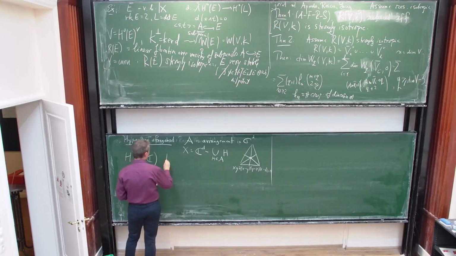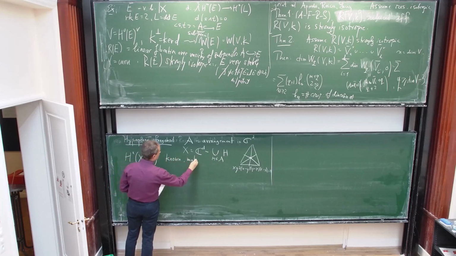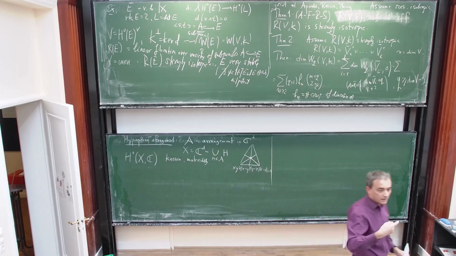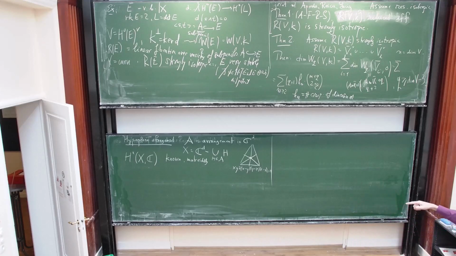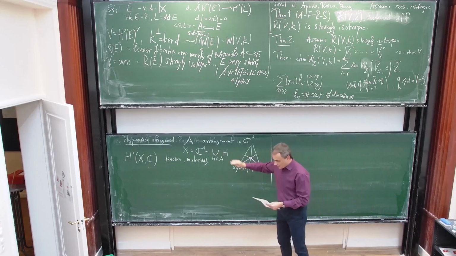This is known, and it's combinatorial, it's matroidal. Essentially, the combinatorics of the hyperplane arrangement determines this. The combinatorics means that you take the intersection poset: you look at all the various intersections ordered by inclusion, and this is the matroidal information. There is a presentation of the entire cohomology algebra, and there are as many generators as hyperplanes.